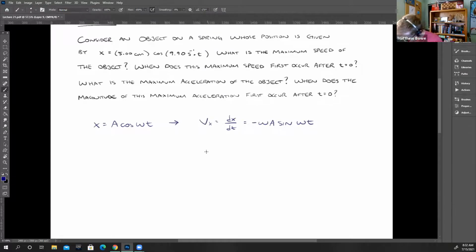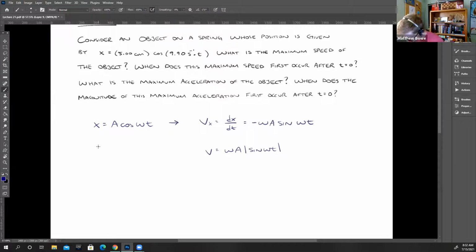We have velocity is equal to omega A sine of omega t.